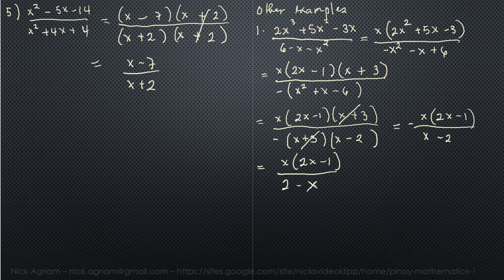I multiplied negative with negative 2, it will become positive 2. And then negative with positive x, that's why it became negative x. So your teacher can complicate problems like this. So I hope that you learned something in this.